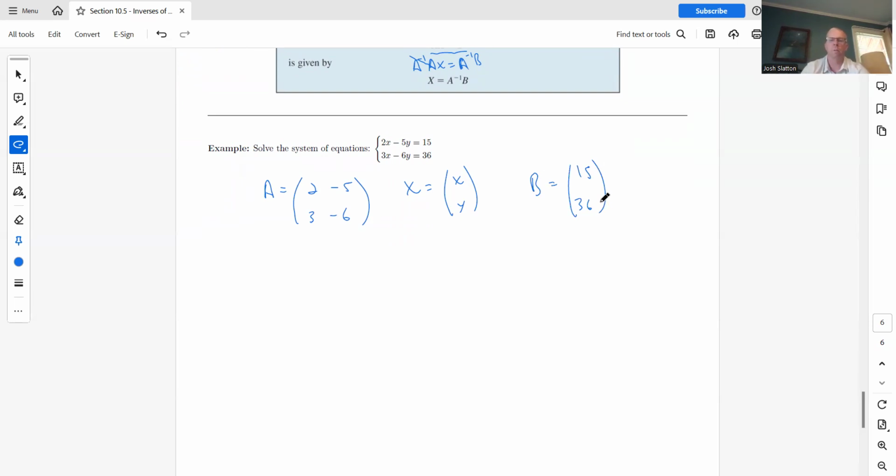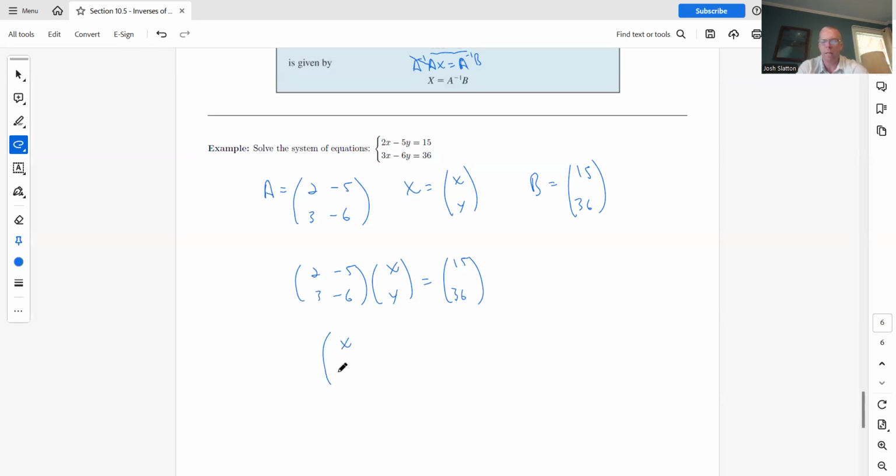So it's just another way that we can solve a system of equations, provided we have the square matrix A. If A is not a square matrix, then this doesn't work because you cannot find the inverse.